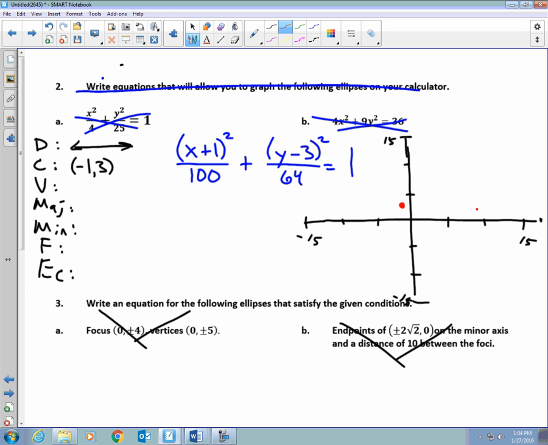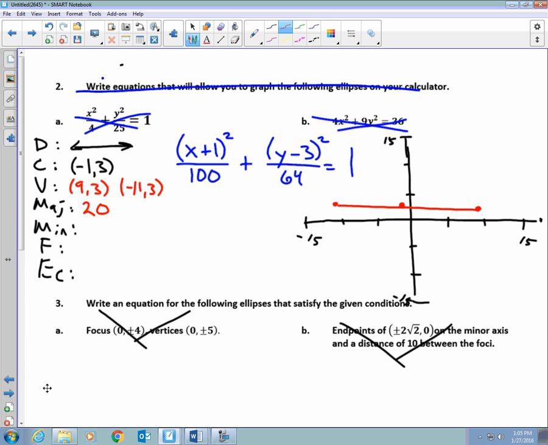So 9, 3 is one of my vertices. Then I move 10 units to the left. Where will that bring me? Negative 11, 3. This gives me my major axis. What is the length of that major axis then? 20.